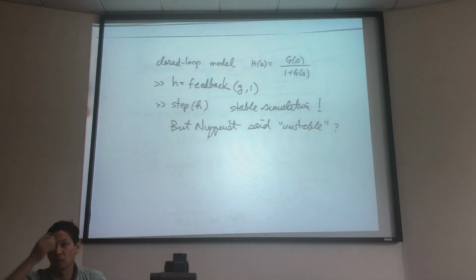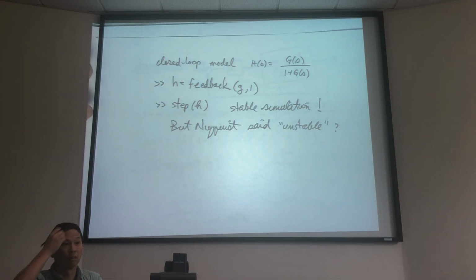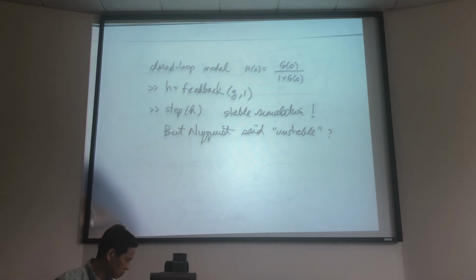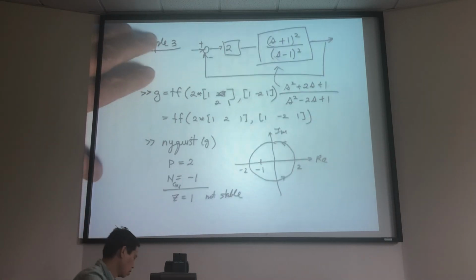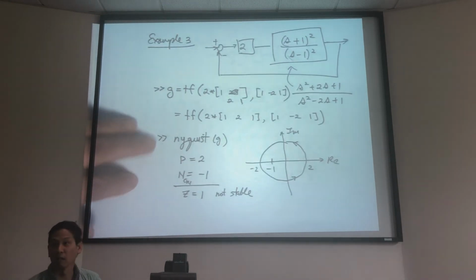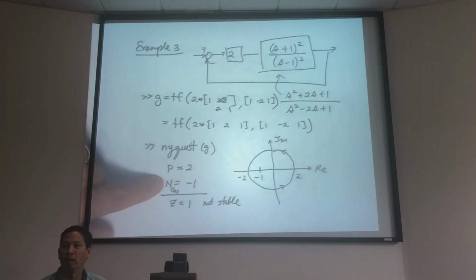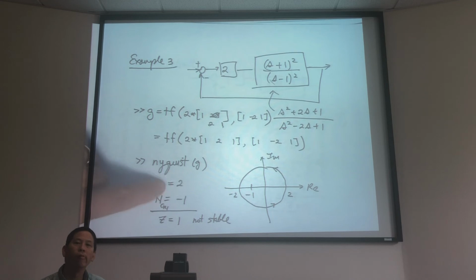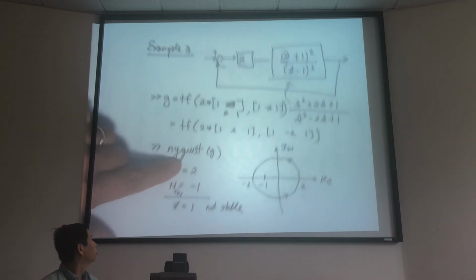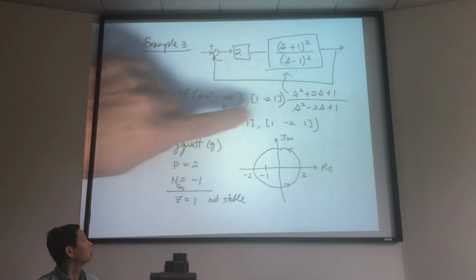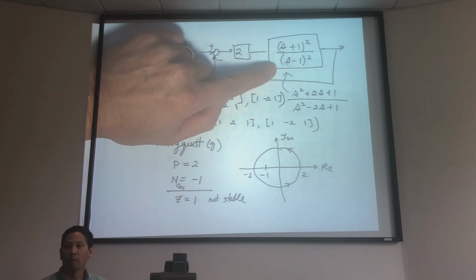Okay, but Nyquist said unstable. So let's review again. Did we get one of these numbers wrong? P, number of poles in the right half plane.